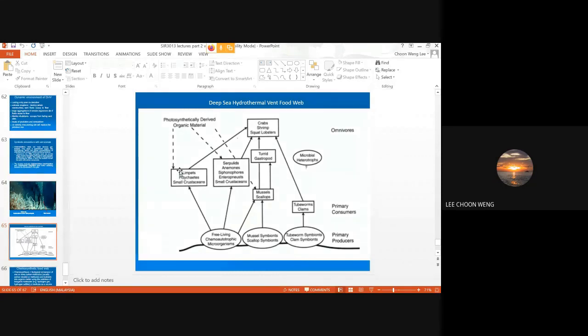What we can see is sometimes you have whales, large animals, sharks that die and sink to the bottom. So this will have the potential to support a lot of these organisms at the bottom of the sea floor.